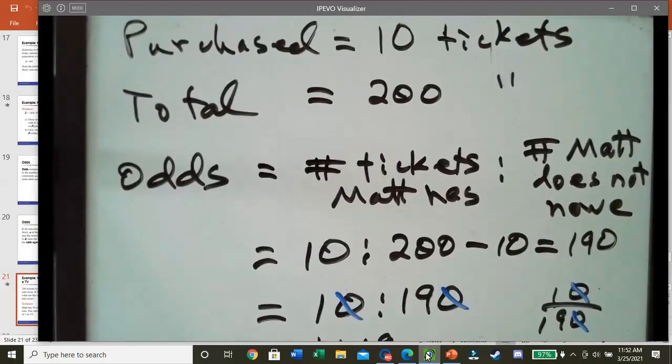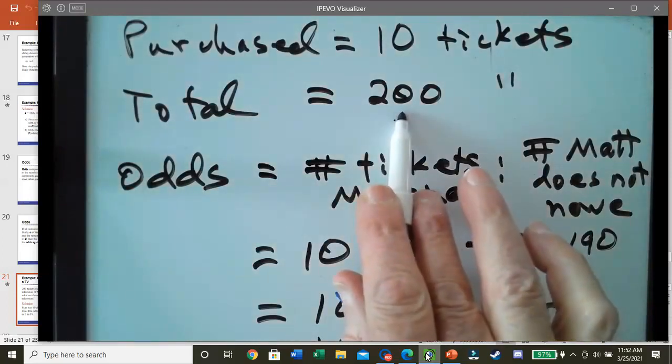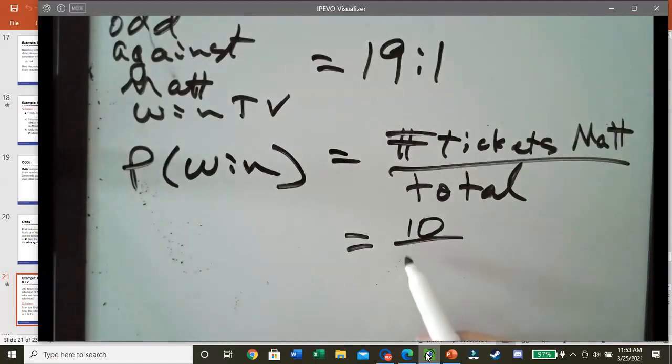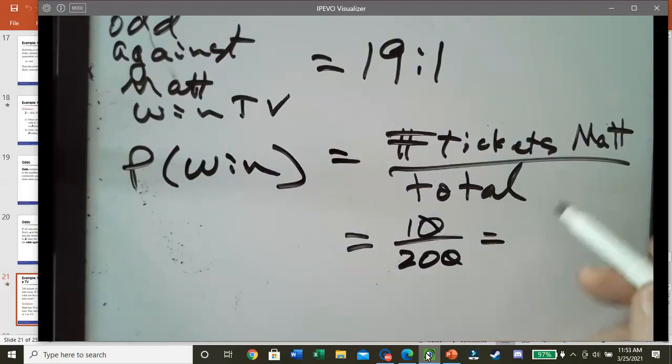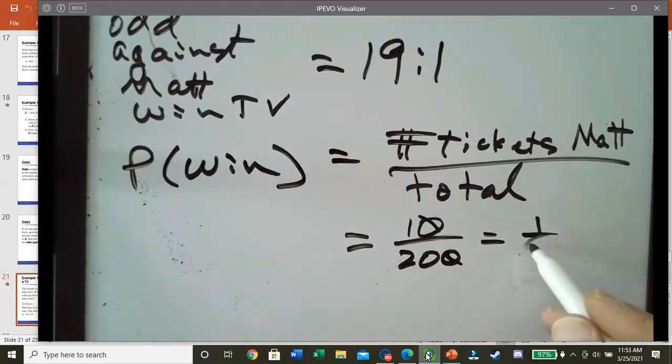The total tickets is what? 200. So that's, again, if you cancel out the zeros, you get 1 over 20. So you see the difference between probability and odds?